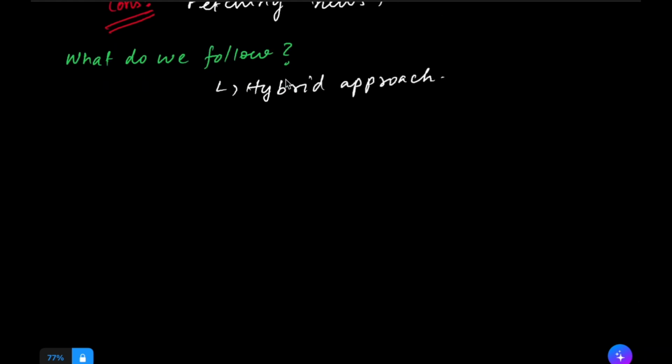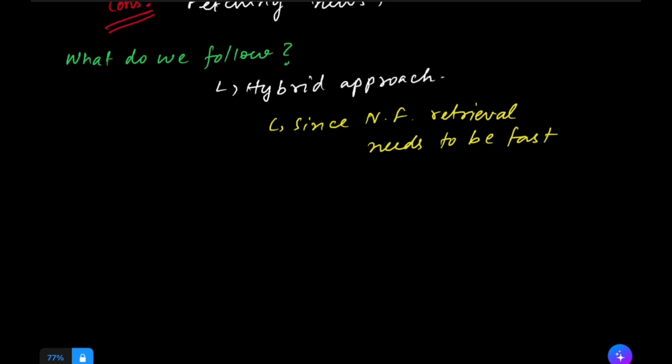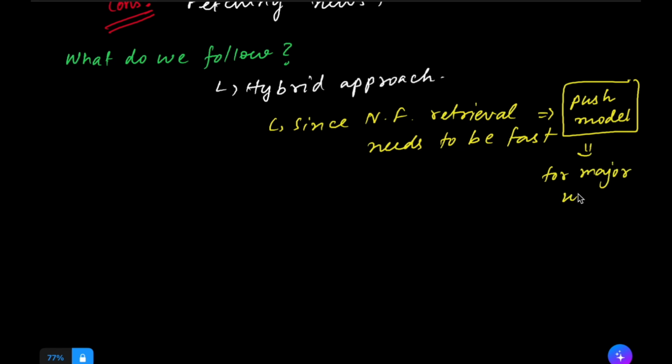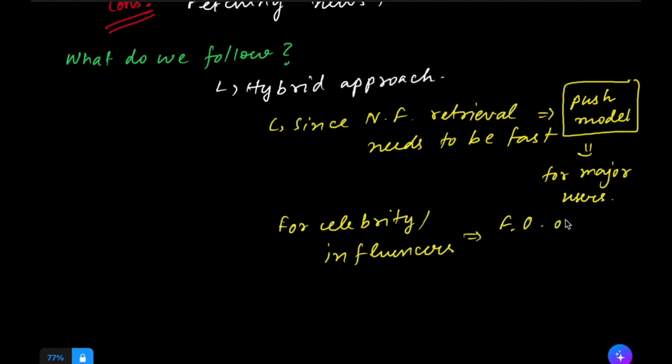Since newsfeed retrieval needs to be very fast, mostly we follow the push model or fan out on write for the majority of users. For celebrities or influencers, we follow the fan out on read model.